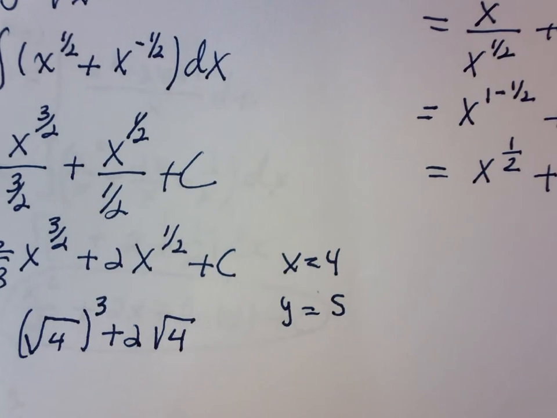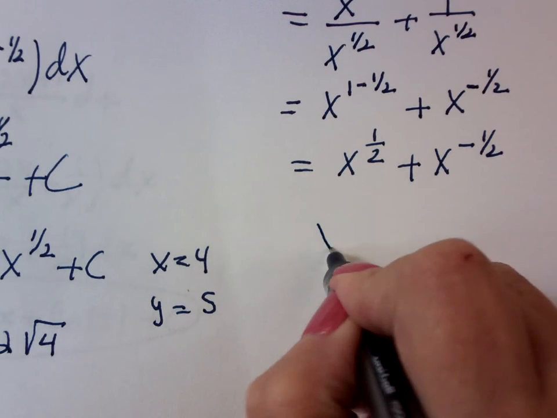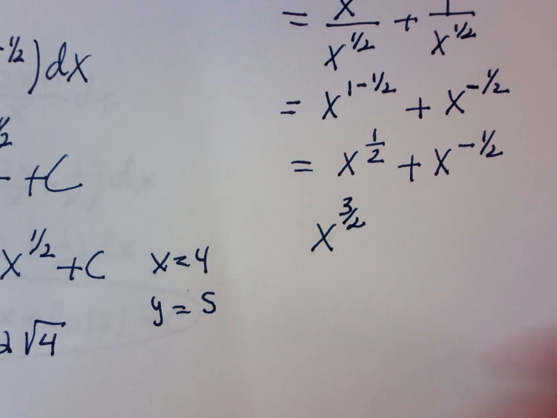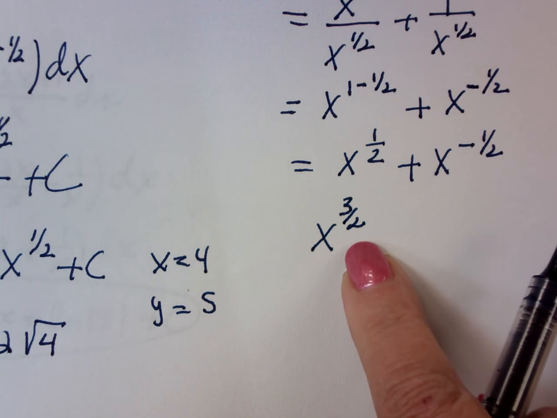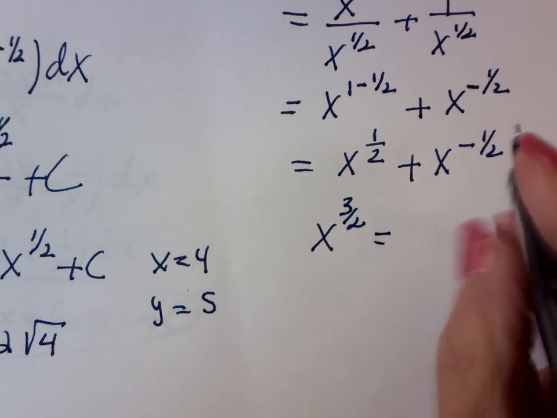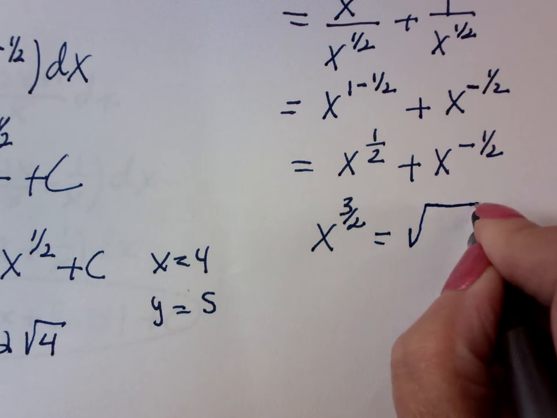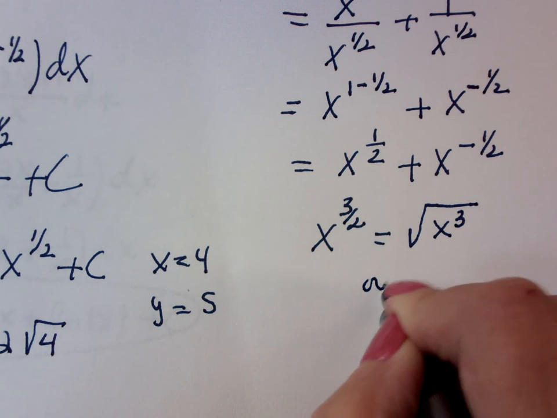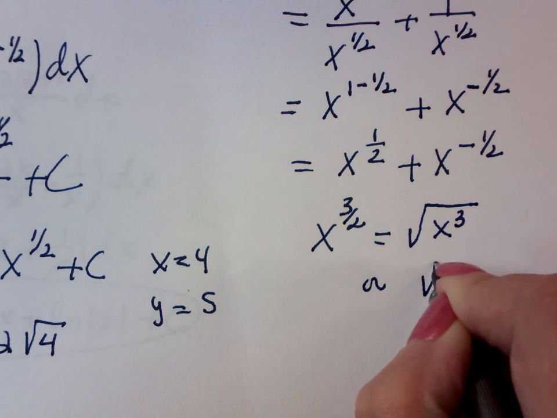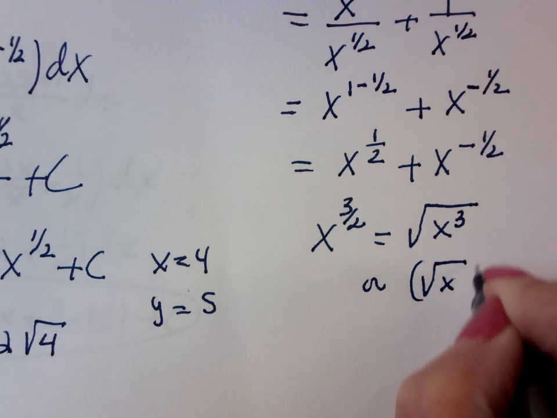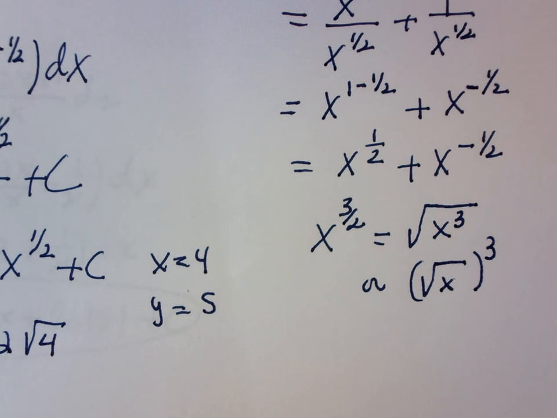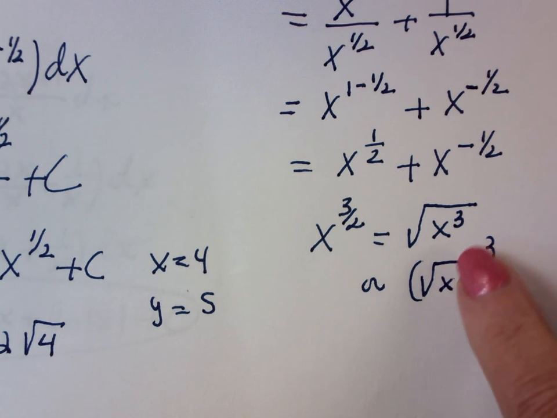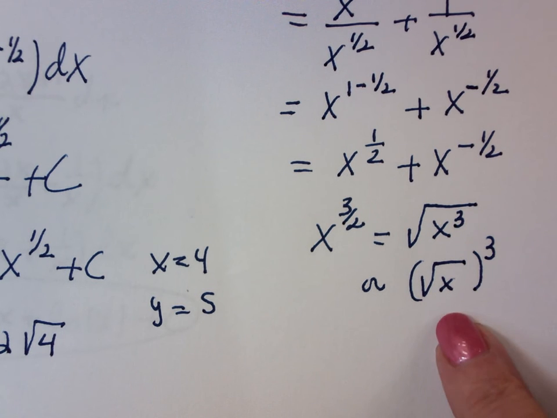Now, if we take it back to x to the 3 halves, 2 is the index of the radical. We could write it one of two ways. We could write it as the square root of x cubed, or we could write it as the square root of x, cubed. And since x is 4, it's a heck of a lot easier working it with this one.